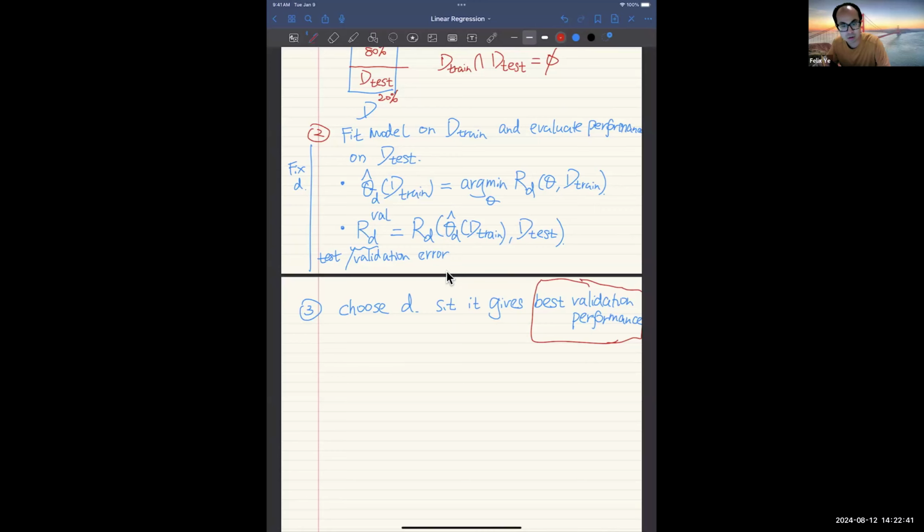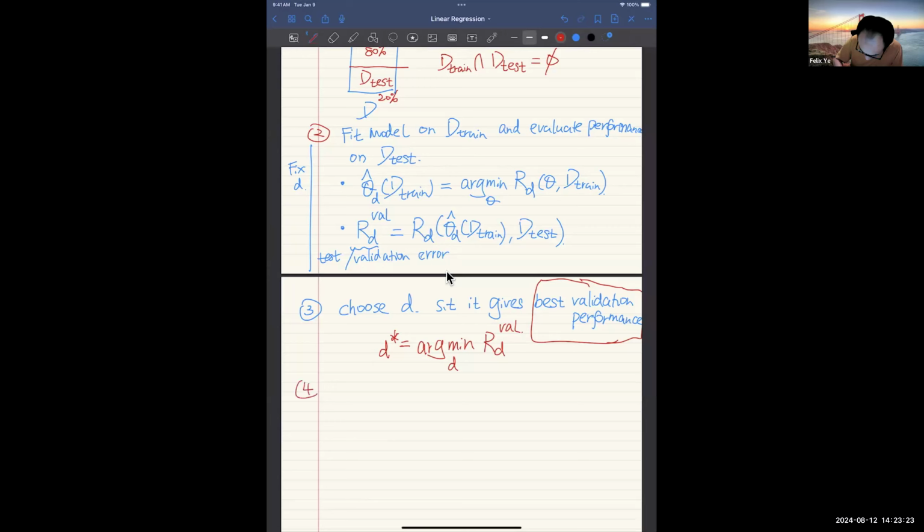Instead, we choose the D based on the testing error. That means we are going to fit the models for each value of D, and then pick the optimal D star that minimizes the validation or testing error. So D star is actually the argmin over D of the R_D value. You can see this is how we choose the optimal D star here.